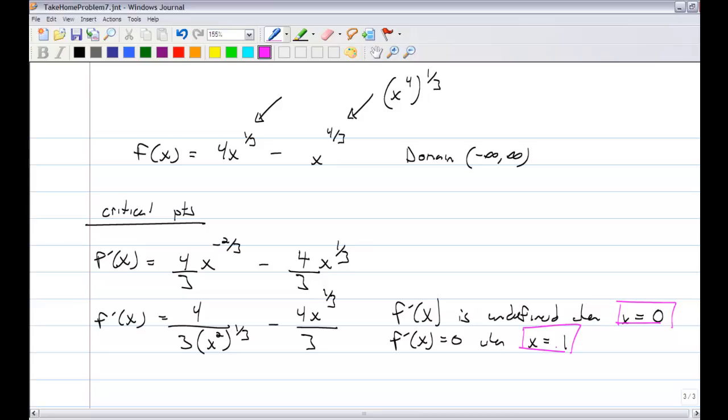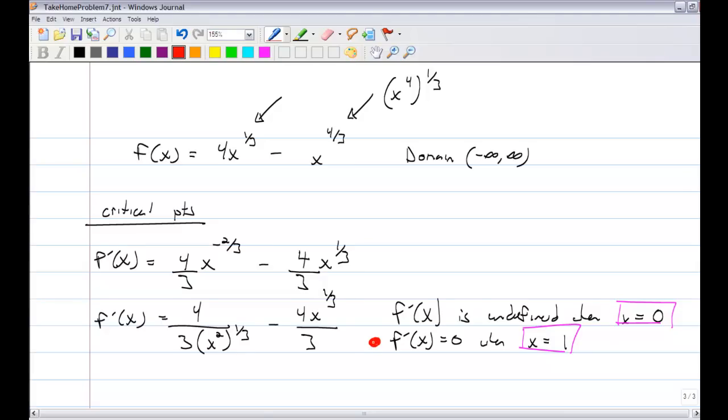Now, you cannot use the second derivative test to justify a relative extreme value if your derivative is undefined at that spot. The second derivative test is only used to justify relative extreme values when your derivative is 0. So we're only going to work right here.